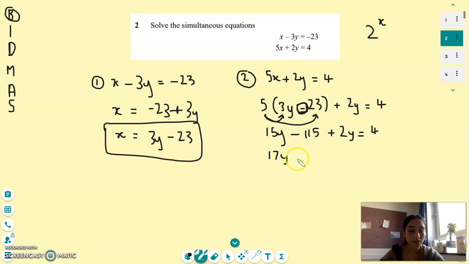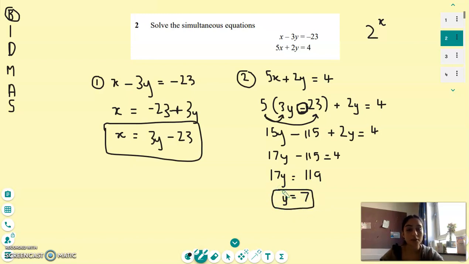So that's 17y minus 115 equals 4, and we can add 115 to both sides to get 17y equals 119. And from that we can work out y is 119 divided by 17, which I have to check with the calculator, is 7. So y equals 7.